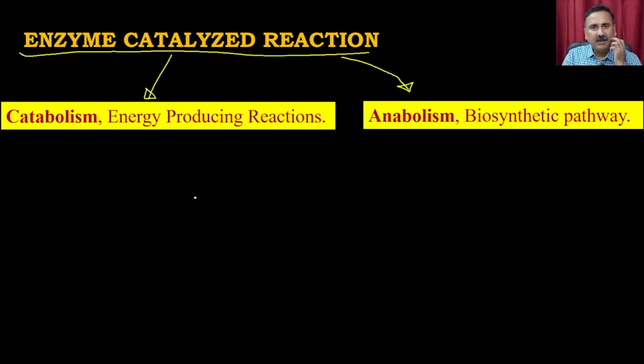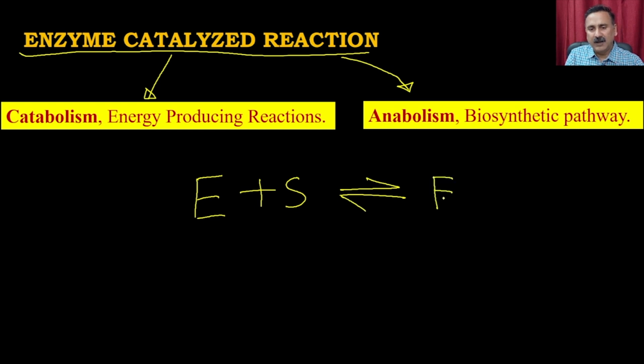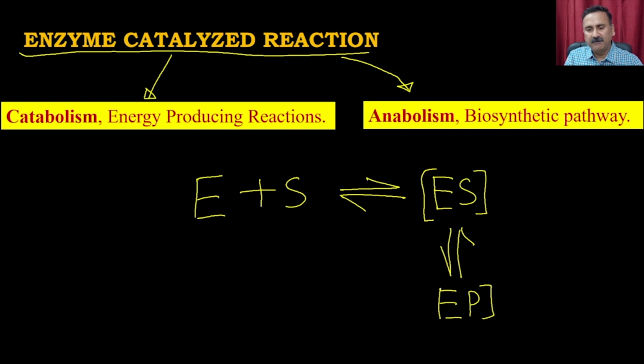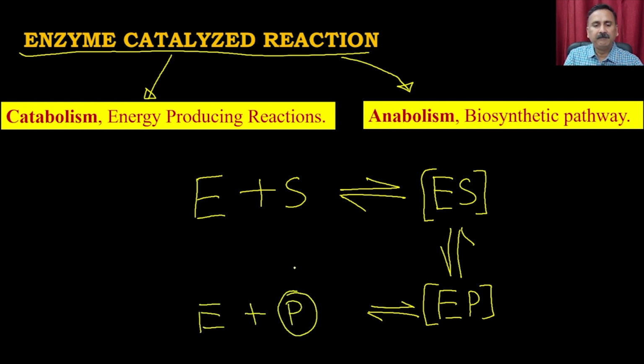When an enzyme is processing a substrate, it reacts with the substrate and forms a transition state called the enzyme-substrate complex. This is converted into another transition state, the enzyme-product complex, and from it the enzyme is released and the product is generated.